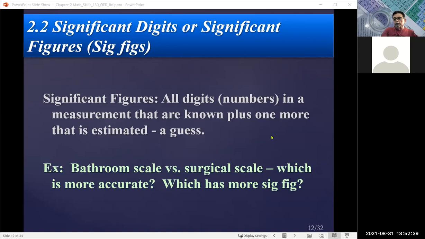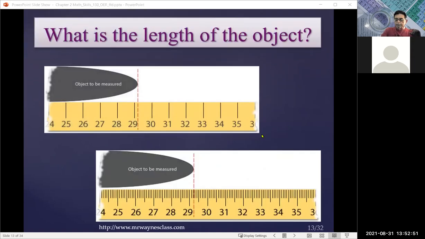Okay. Now, when we talk about significant, maybe let me do it this way so there won't be any confusion here. Look at these two here. What would you guesstimate that first measurement to be? Who wants to take a shot at that? For the top ruler, what do you think I could write down if I needed to measure?